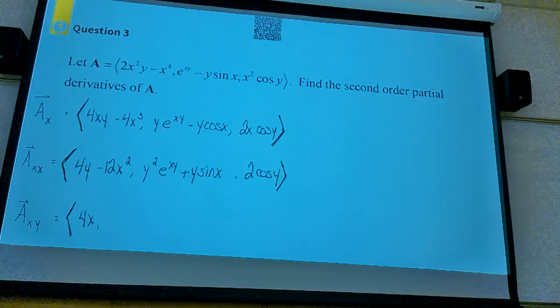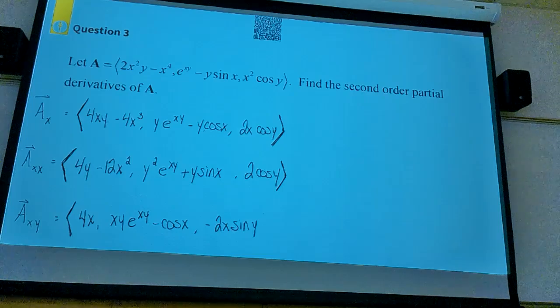For x, xy e to the xy minus cosine of x, negative 2x sine of y, right? Yes?